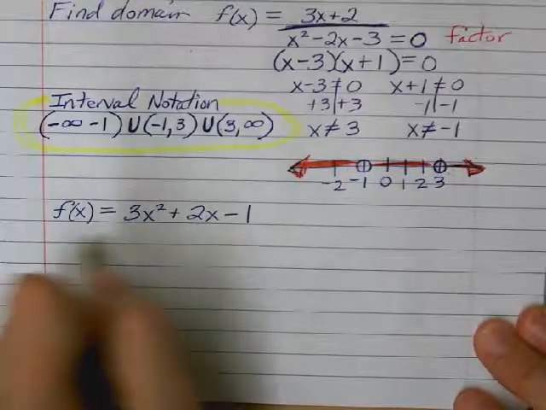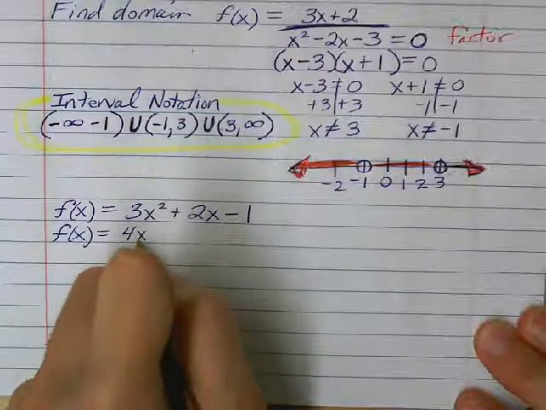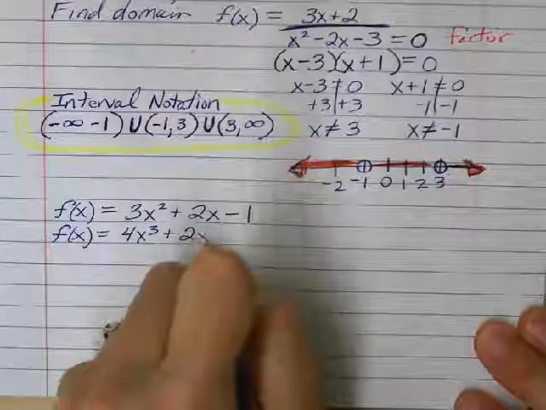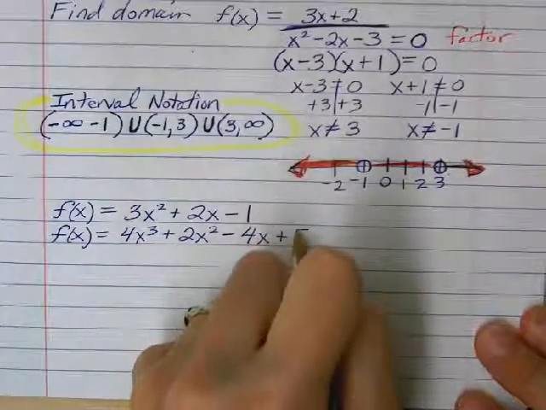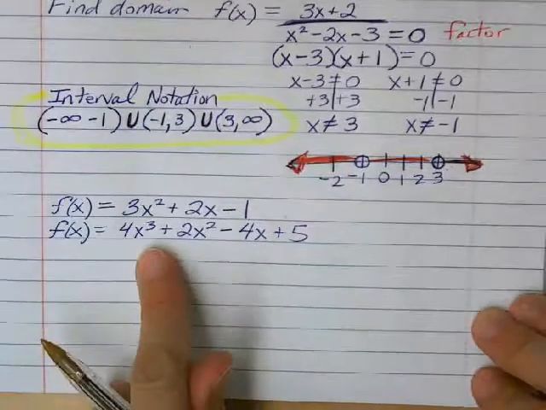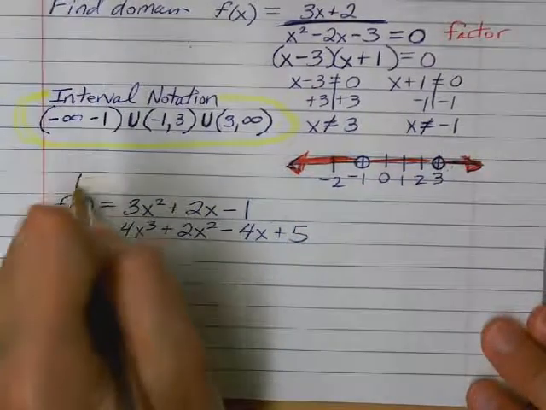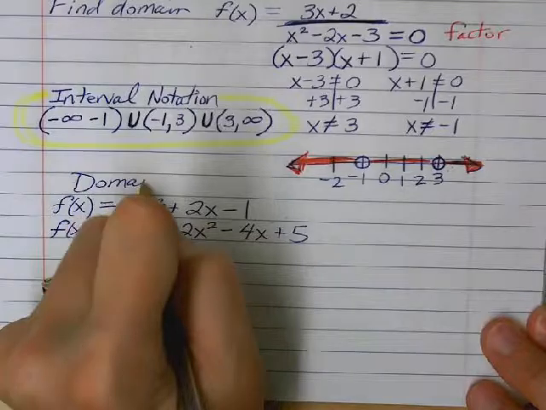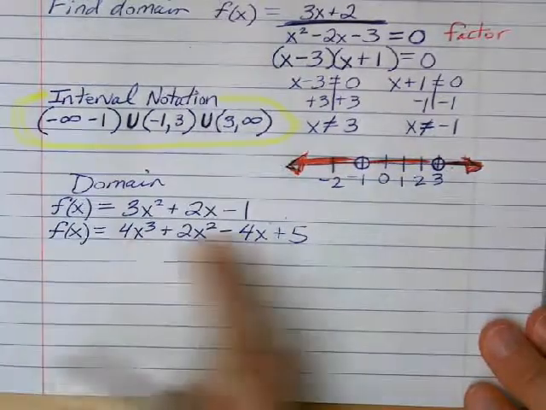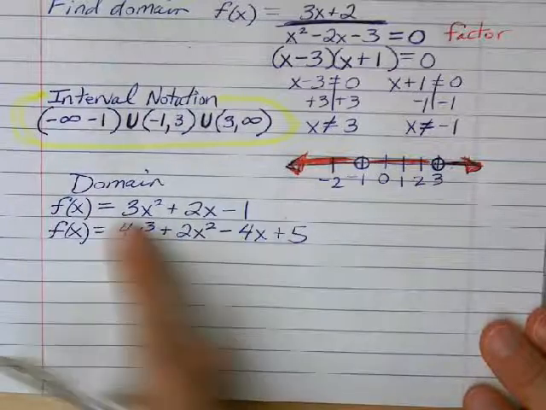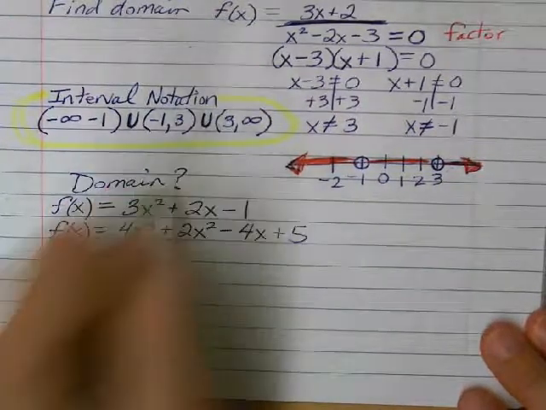Or f of x equals 4x to the third plus 2x squared minus 4x plus 5. I'm just making stuff up, but what if you had graphs like this and they say, what's the domain? This one's a quadratic. This one's just another polynomial function. These are polynomial functions. Do you know what the domain is of these?